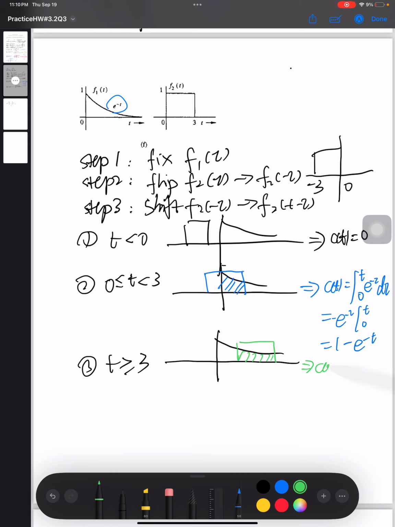So if we do the integral, it's from t minus 3 to t, of e to the minus tau d tau, and so we can get the integral. It will be e to the minus (t minus 3) minus e to the minus t.